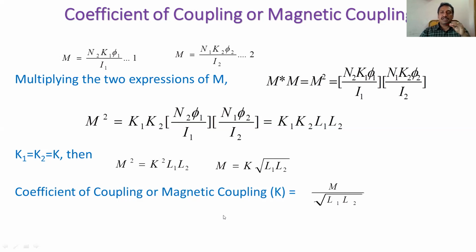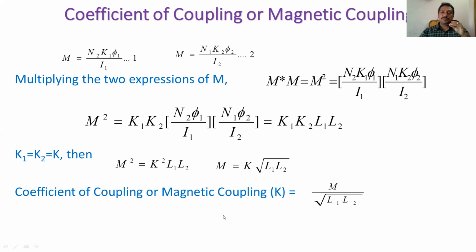If it is near 0, like 0.1 or 0.2, it is a loosely coupled coil. If it is near 1, like 0.99 or 0.9, it is tightly coupled, a good coupling. If K is near 1, it's a good coupling. If K is near 0, it is a bad coupling. If it is good coupling, the total primary flux will link with the secondary.